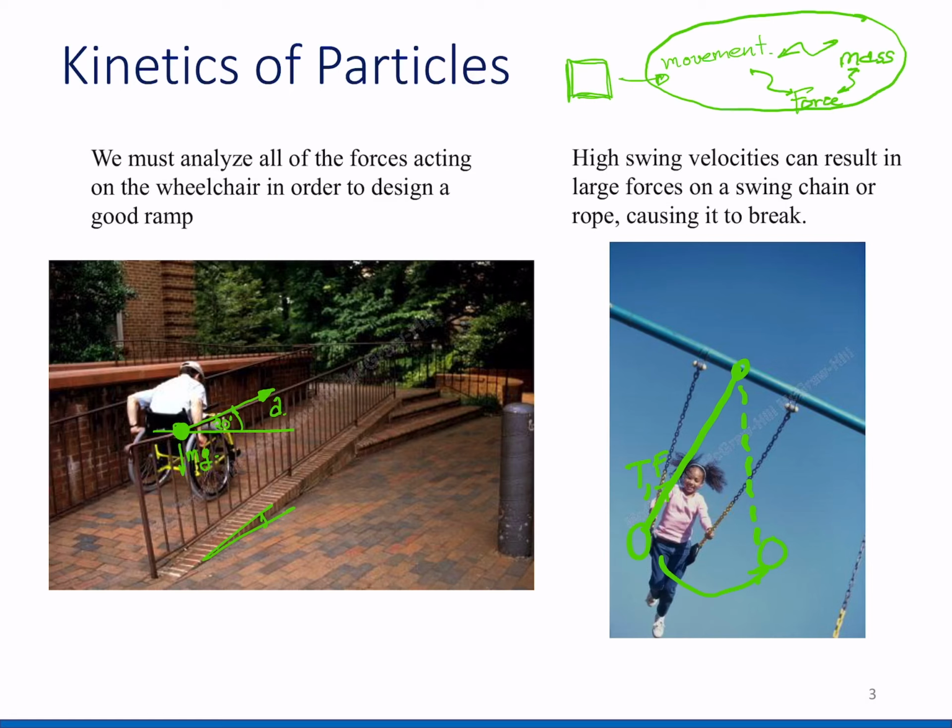If you swing it too much and there is too much weight, mg from this girl, and too much force from her weight, you might cause more tension. If the tension is too much, this wire, this chain, could also break. So this breaking depends on what? Accelerations, mass, and also the force.